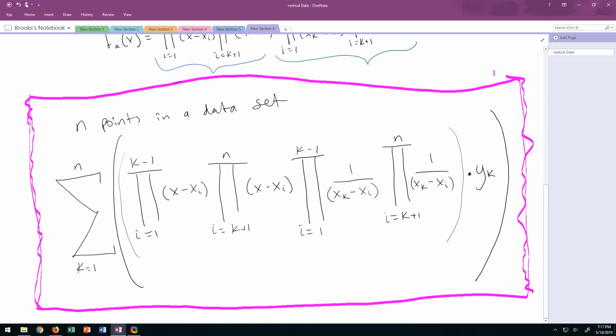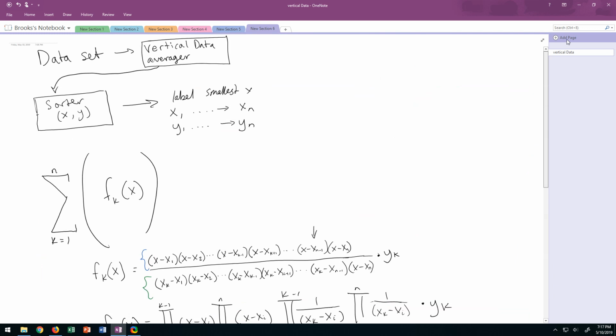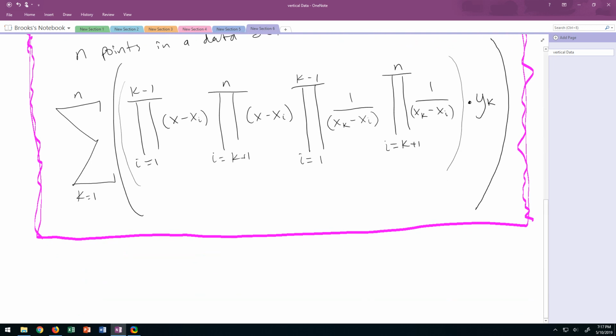But this right here, this algorithm at the beginning, this algorithm plus this function, well, it is a function. This will give you a polynomial that passes through every single point in your modified data set.